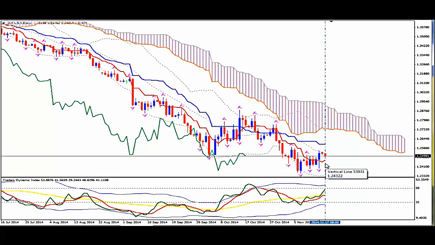We are looking to sell, to enter the downtrend, only when we see strong evidence at the level of the median Bollinger Band, or at the level of the upper Bollinger Band, even better, that the pair wants to fall. So now that the pair is in the vicinity of the median Bollinger Band on the daily, it is balancing at the median Bollinger Band. If it makes a swing high and starts going downwards, it means it will go down.